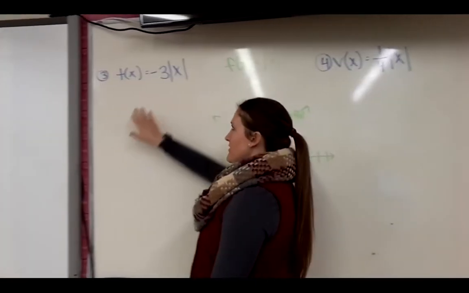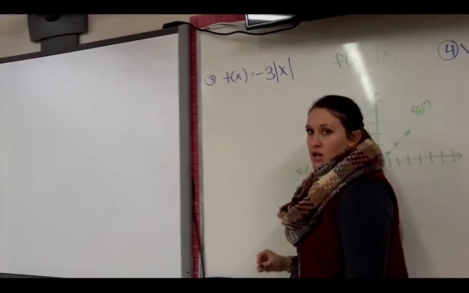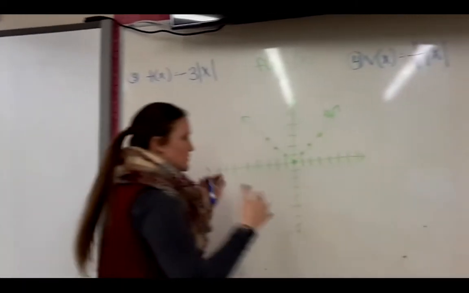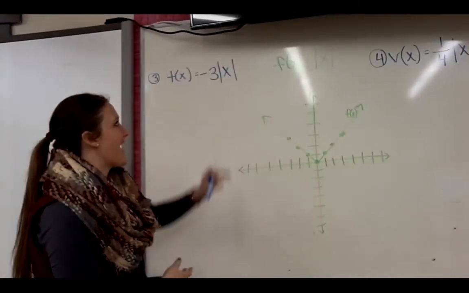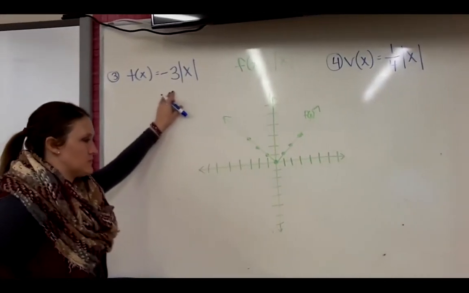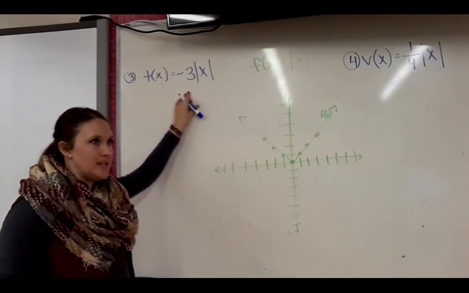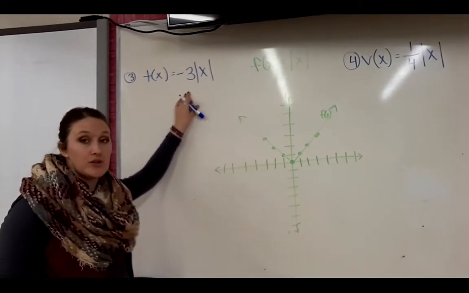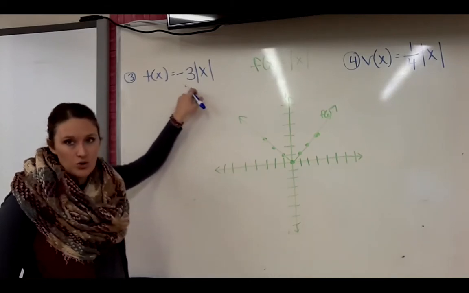So on 3, we have that t of x equals negative 3 times the absolute value of x. So right off the bat, we use our definitions and work on those to see that since it is outside the function and it's being multiplied, we know it is either a vertical stretch or a vertical shrink. Okay, so then we look at it's a whole number.